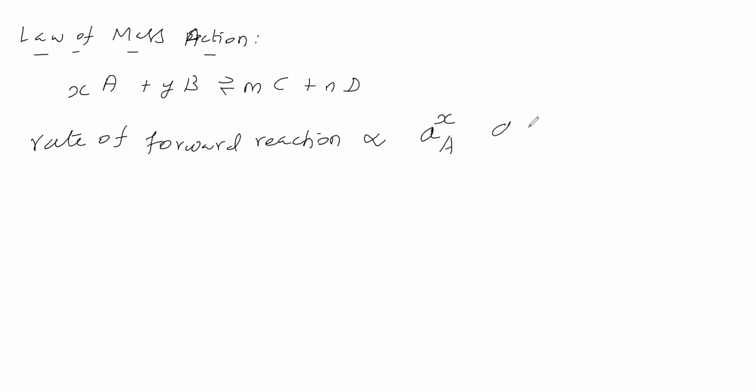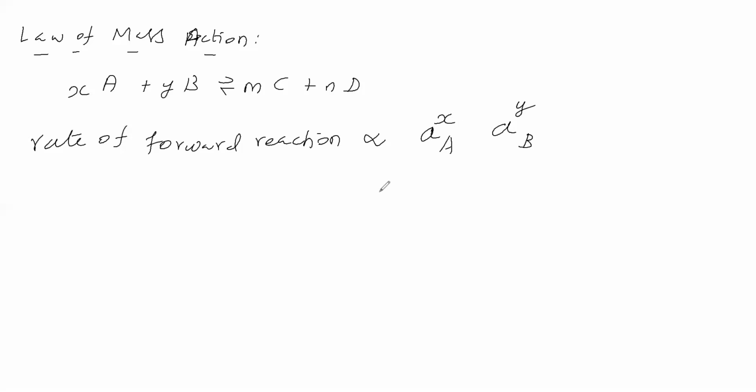Then, active mass of B to the power Y. Here, between them, what is the mathematical operation, in the sense multiplication. So rate of forward reaction is directly proportional to active mass of reactant A to the power X, X is the coefficient, into active mass of B to the power Y. Y is the coefficient of B.